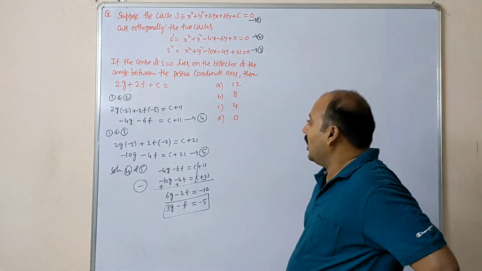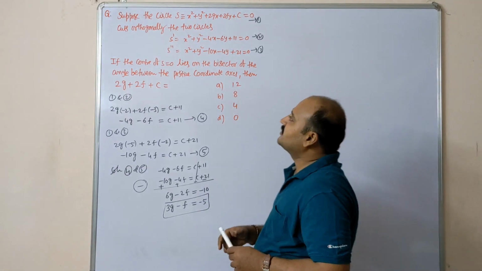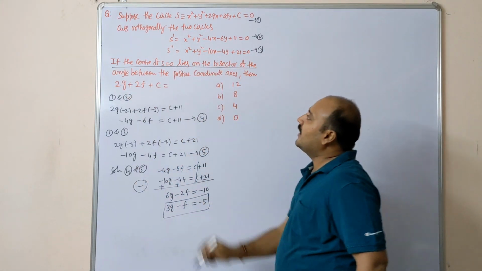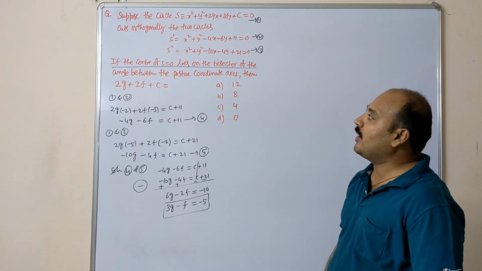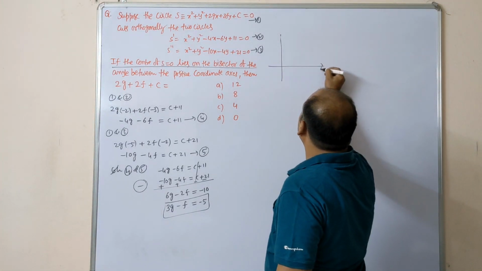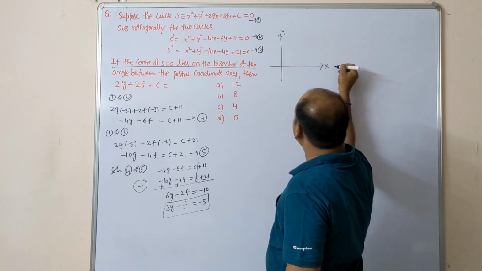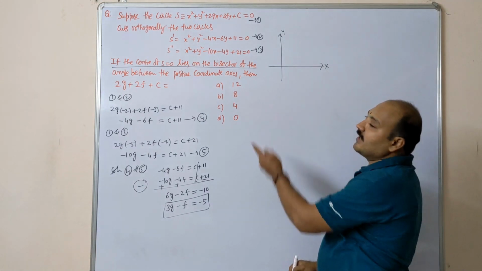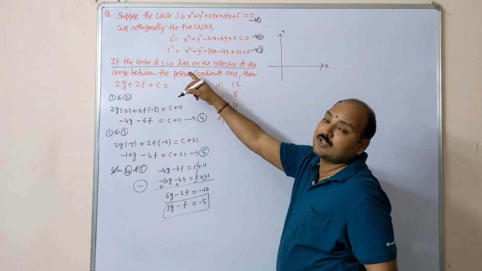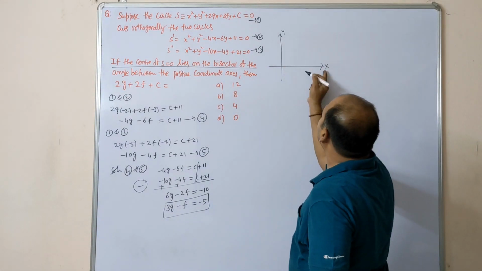Later on, one important result is given. If the center of S = 0 lies on the bisector of the angle between the positive coordinate axes, so these are the coordinate axes, the positive x-axis and y-axis, the center of S = 0 lies on the bisector of these two axes, this one.